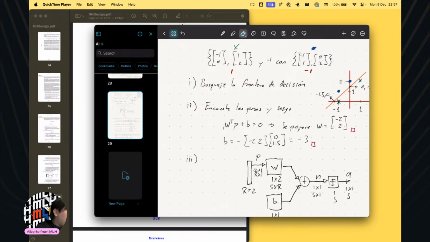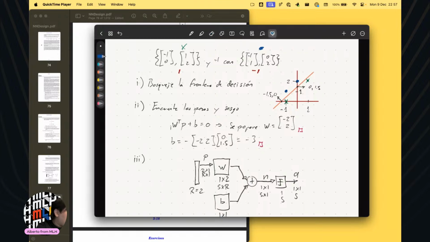One thing that we're missing here is the weight vector that should be pointing in this direction, right? Because we want to classify. Oh no, sorry, I did it wrong. Actually, the weight vector should be pointing here, because it's pointing towards the direction we want to classify as 1, and this will be classified as -1.